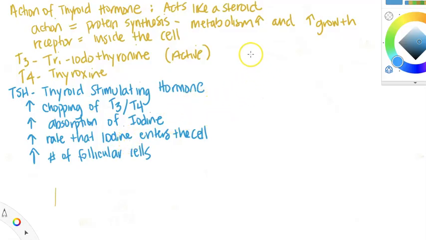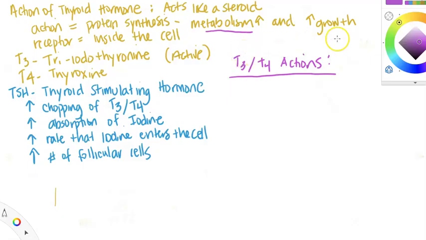Okay, so what does T3 and T4 do? Actions. So T3 and T4 increases metabolic rate. So we've already said that here. Increases metabolism, increases growth.